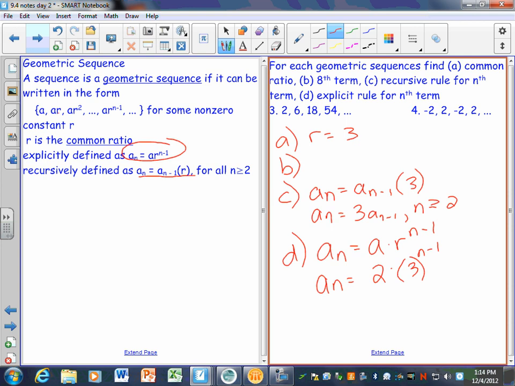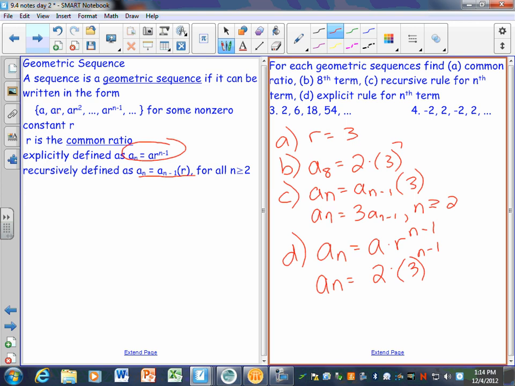Make sure you're not breaking some math rules that you should know. You cannot multiply this together and say that's 6 to the n minus 1, because order of operations, you do exponents before you multiply. So you have to leave it like this. When you go back up to find that 8th term, you have to take 2 times 3 to the 8 minus 1, which is the 7th power, because it's n minus 1. 8 minus 1 is 7.